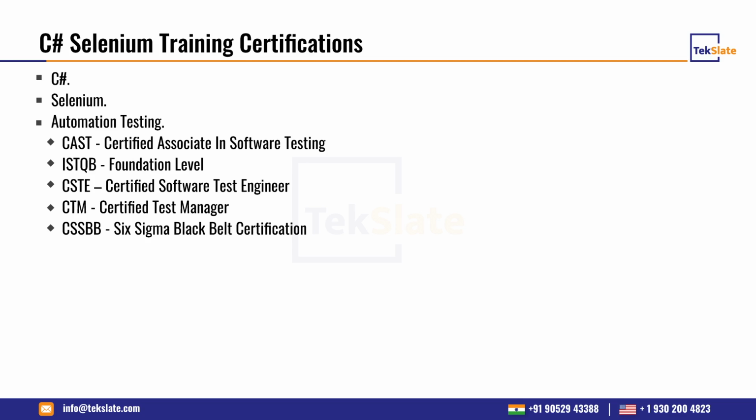Coming to the certification. Once you complete the course over here, you'll be provided a C Sharp Selenium certification. But if you want to work with more certification using this knowledge, then you can go for a C Sharp certification, and a separate Selenium certification is also there. You can do that also. And if you want a different certification in the automation testing field only, you can go for CAST, ISTQB, CST, CTM, CSSBB.